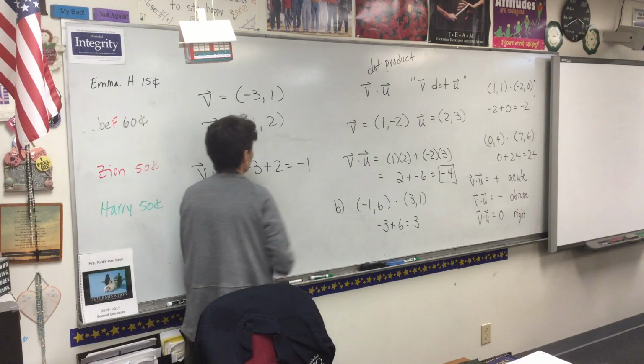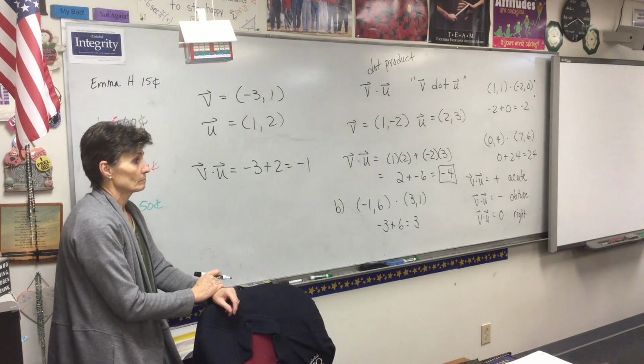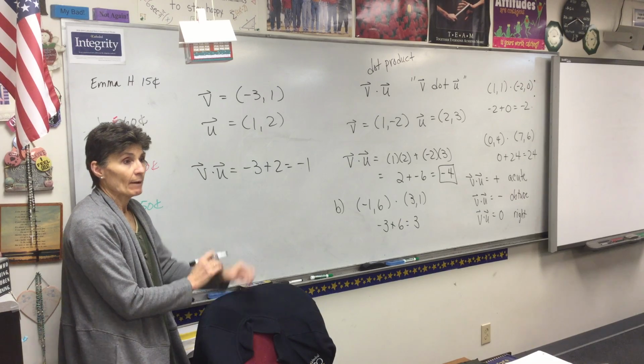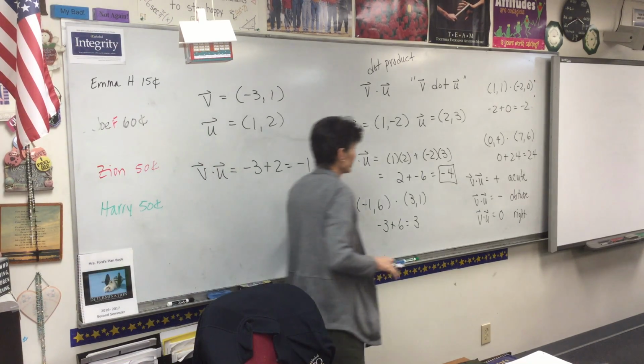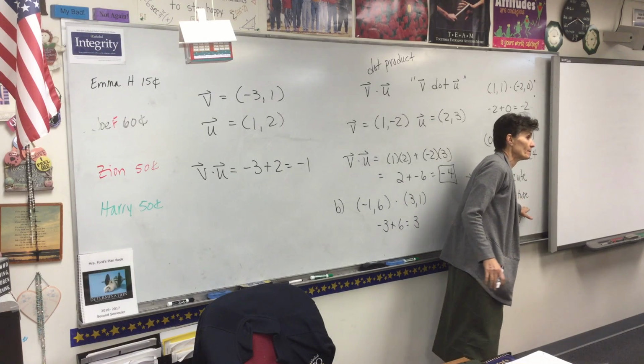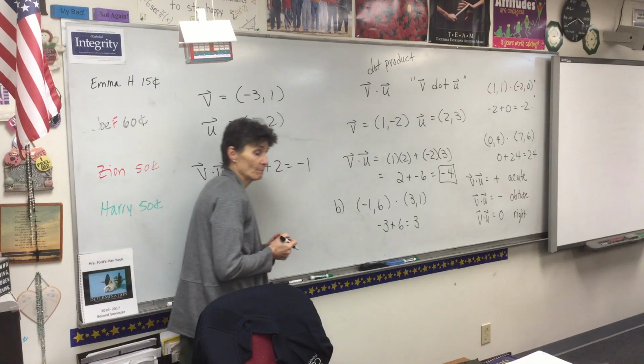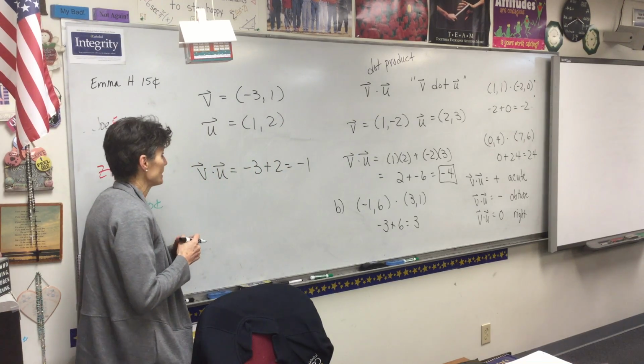Did you get -1? Now I automatically know that whatever angle I come up with, it's going to be obtuse. So I'm going to get an answer bigger than 90. I better get an answer bigger than 90.